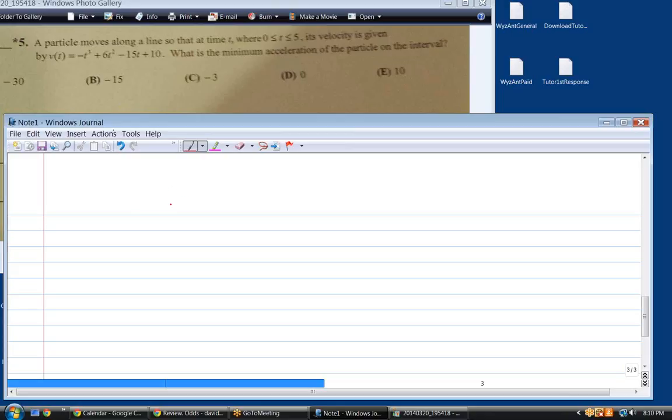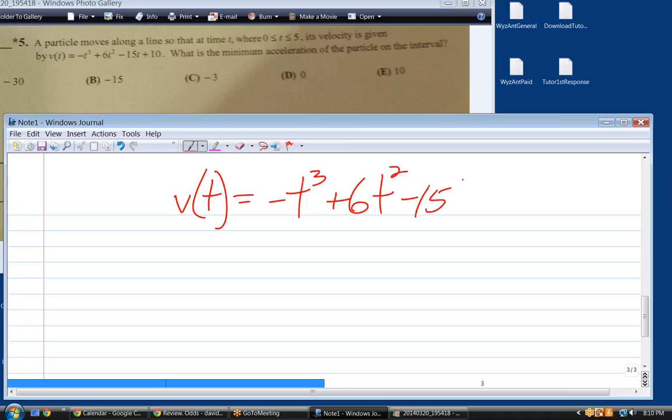All right, so here we have the velocity function. What is the maximum acceleration of the particle on the interval?